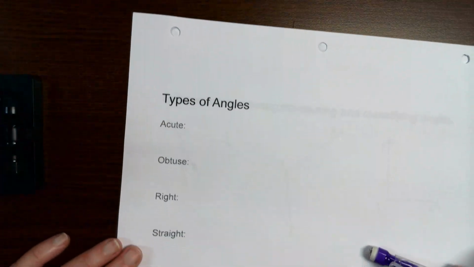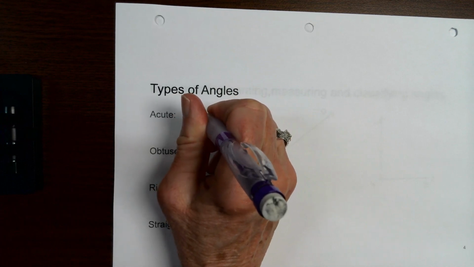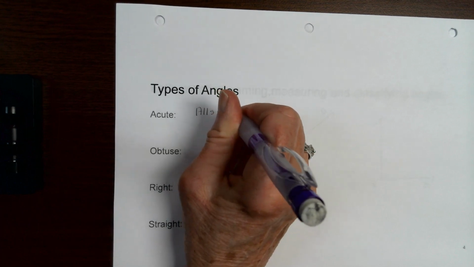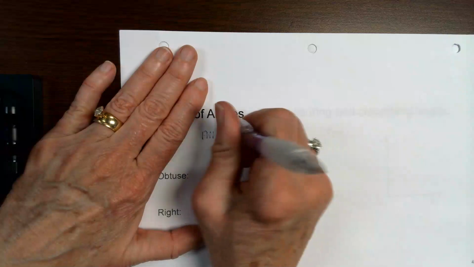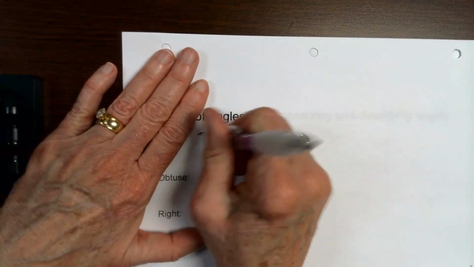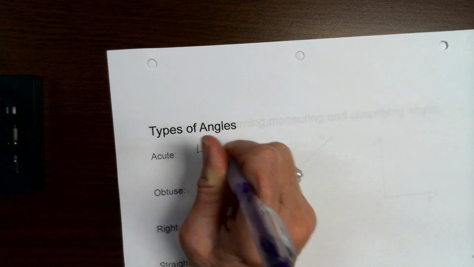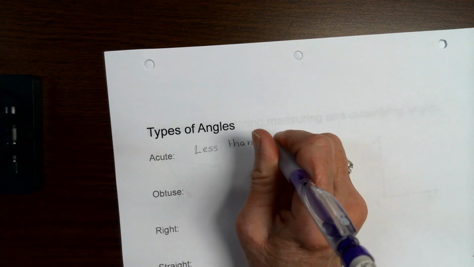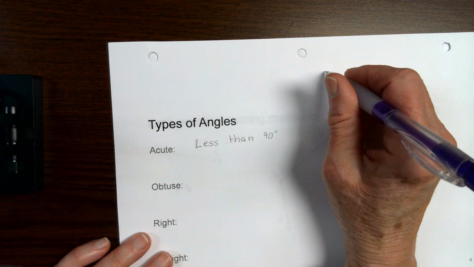Now we're going to talk about types of angles before we actually measure a few more. An acute angle will be less than 90 degrees. 90 degrees is basically a box, okay?